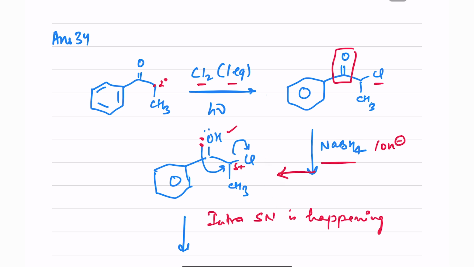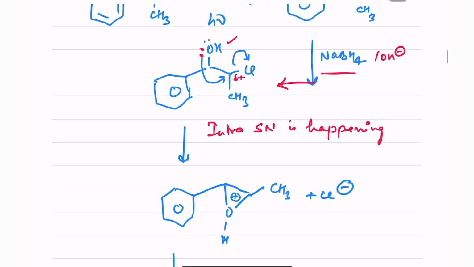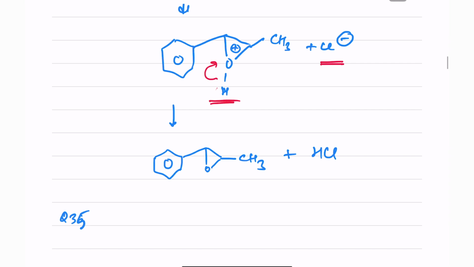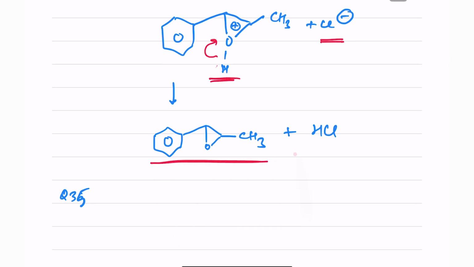When this happens, it will form a cyclic epoxy sort of thing by kicking out the chlorine as a leaving group. Then H plus will be out, overall HCl will be out, and this will be the product formed, which is your option number C.